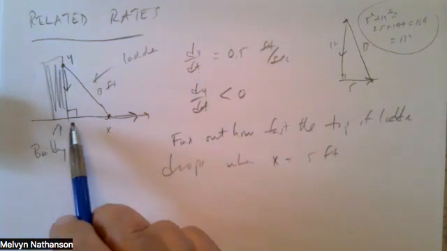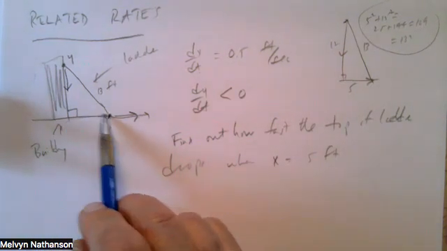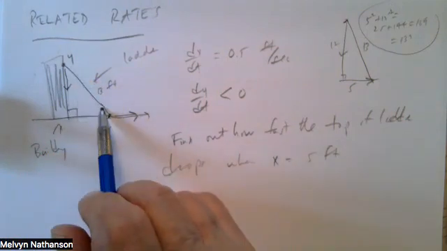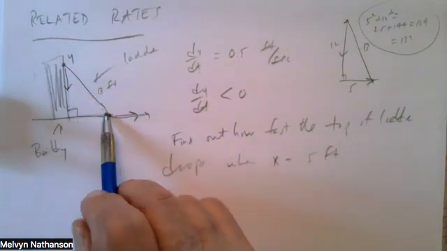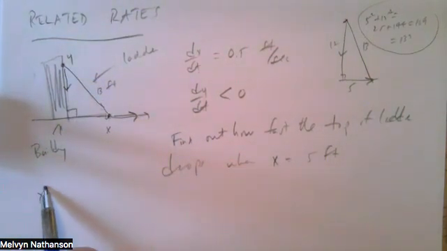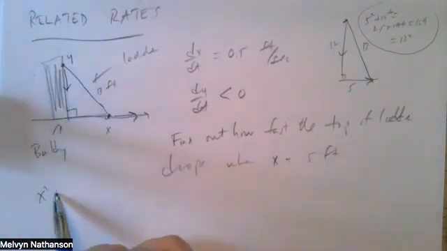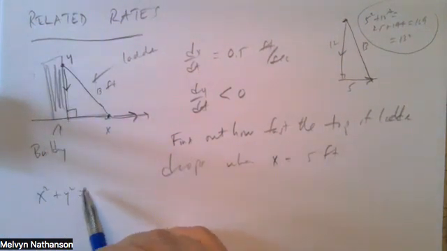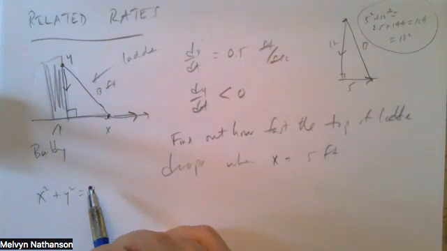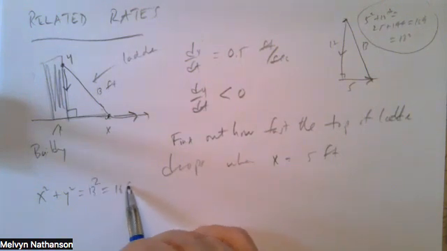By the Pythagorean theorem, the square of this plus the square of this equals the square of this. So this side of the triangle is X, so that's X squared. The height is Y, so that's Y squared. And that's equal to the hypotenuse squared, 13 squared, which is 169. So we have this relationship between X and Y.